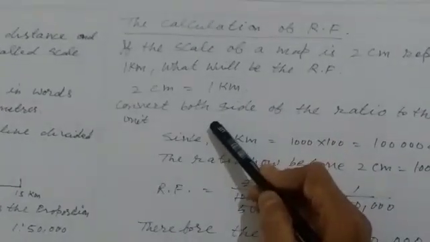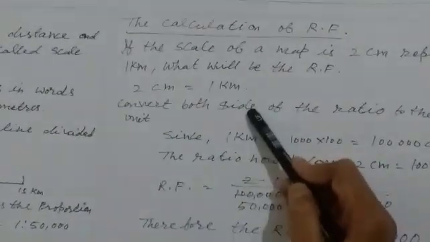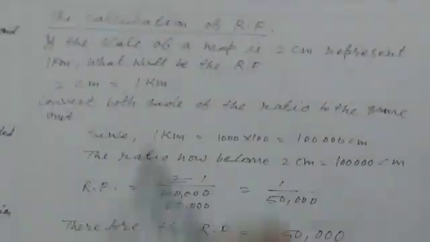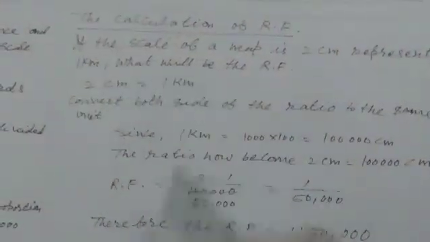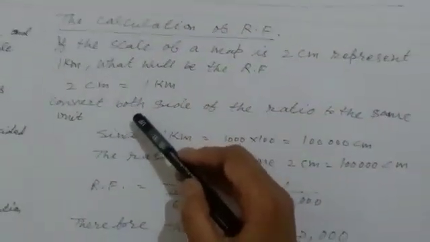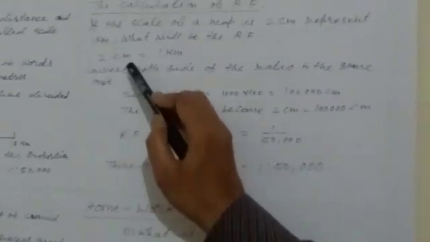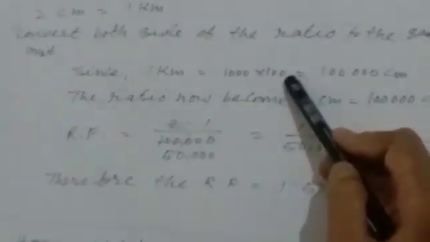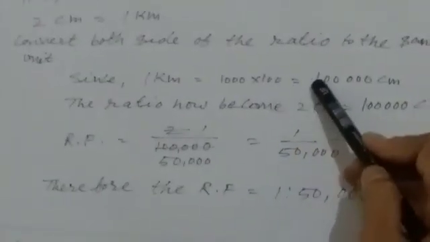First of all, convert both sides of the ratio to the same unit. Since 1 kilometer is equal to 1000 meters into 100 centimeters, that is equal to 1 lakh centimeters.